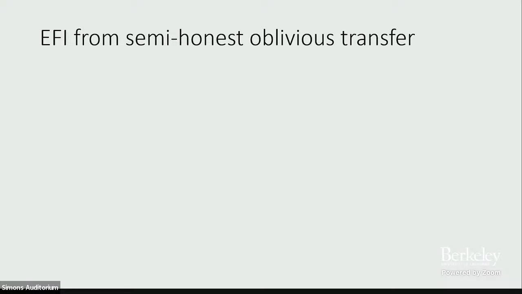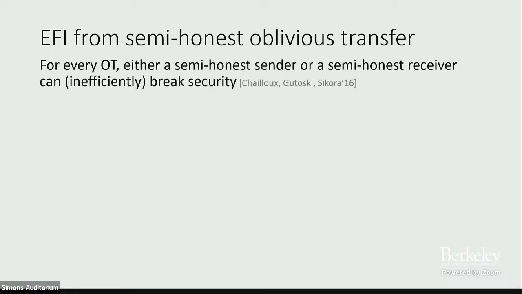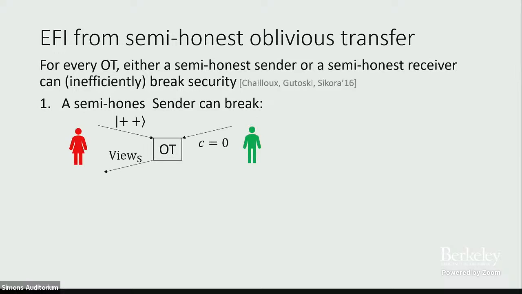So let's do EFI from semi-honest oblivious transfer. We know there is a result that says we don't have a perfect statistical oblivious transfer for both the sender and the receiver. One of them has to break. So let's assume that it breaks for the sender, so a semi-honest sender can break the protocol inefficiently. Then we have the following EFI from that. What will be the two distributions? One distribution is going to be the view of the sender.